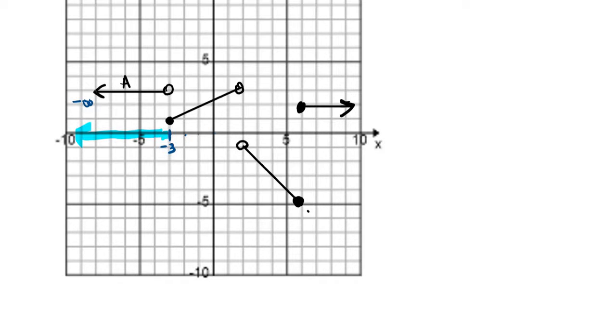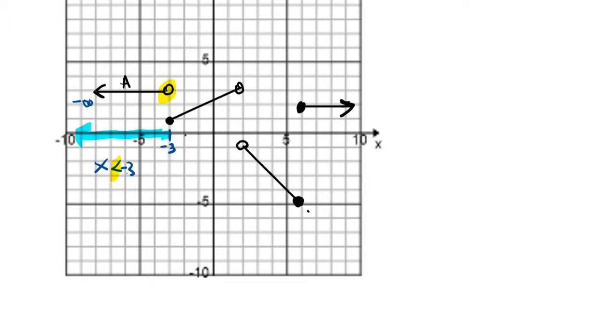So we can say that part A exists for all values of x that are less than negative 3. The reason it's not less than or equal to is because the function does not include x equals negative 3. See, this point is open. The one I highlighted is open. And so the inequality also does not include the equal sign. So that's the domain for the first part.